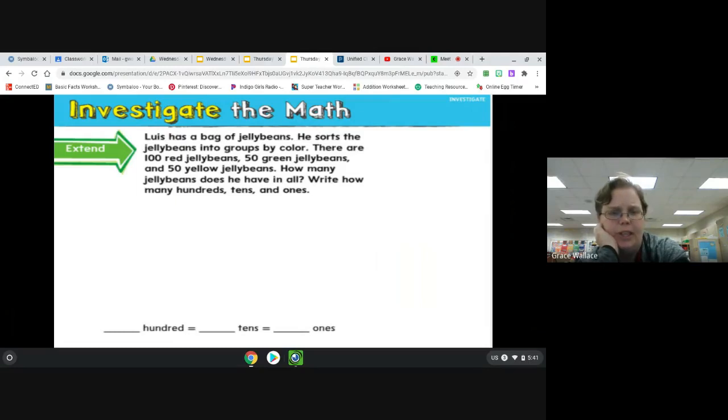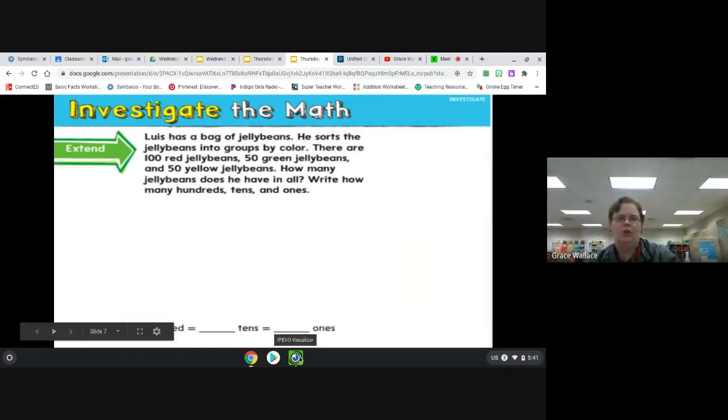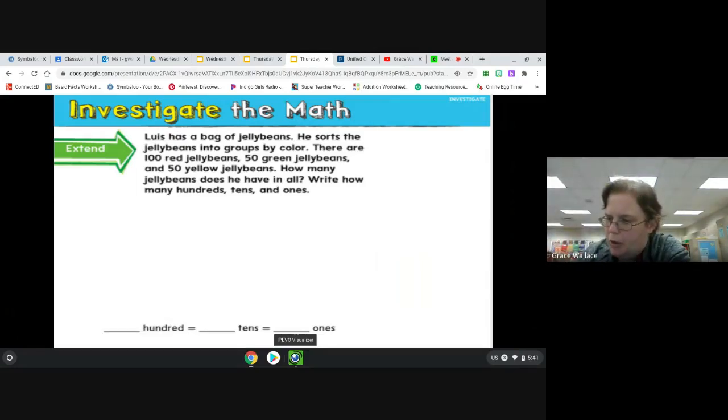How many jelly beans does he have in all? Write how many hundreds, tens, and ones. So I have 100. I'm going to write this on my board so I can transfer it over. I'm going to say red equals 100. And then green represents 50. And yellow represents another 50.